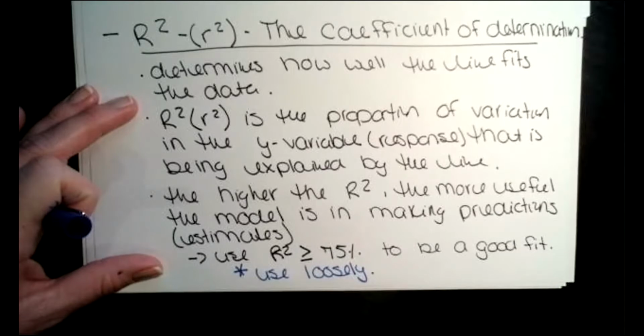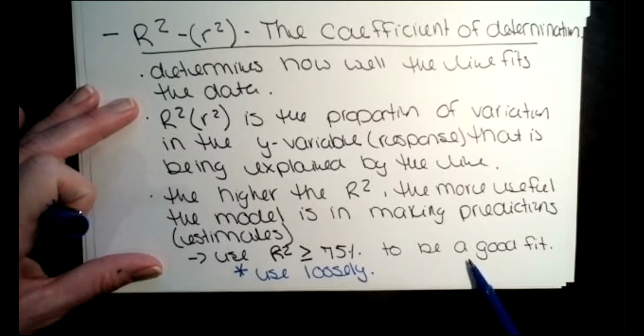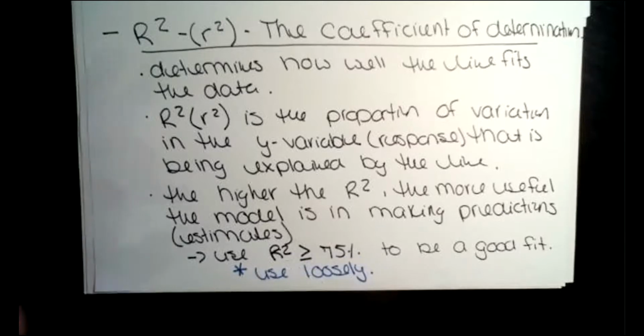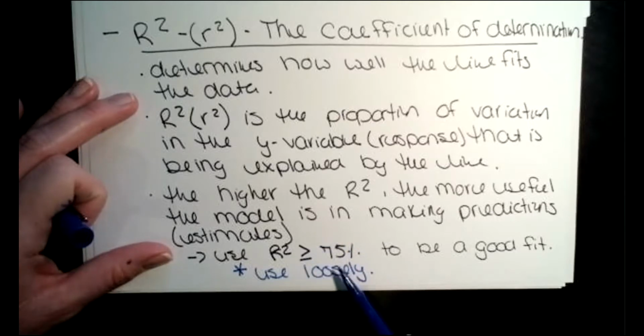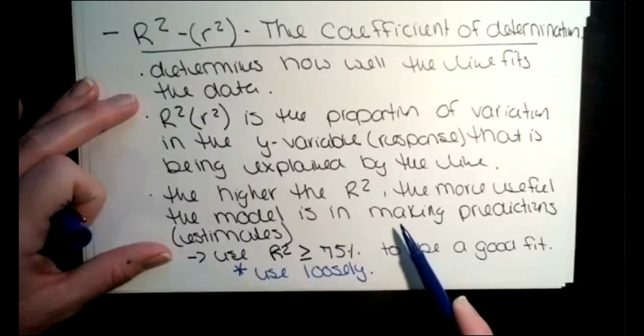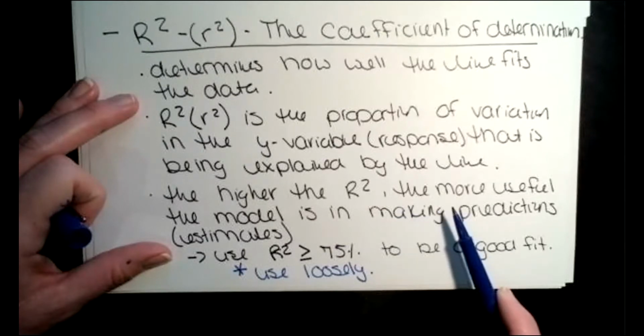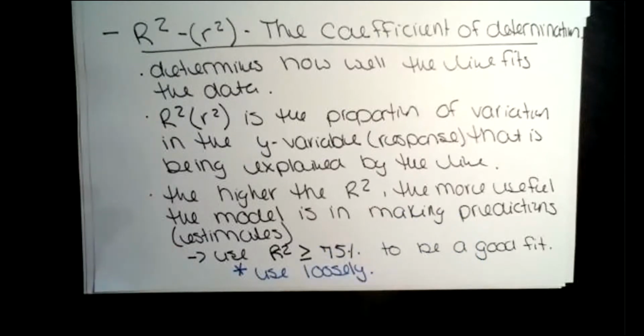What I mean by that is if we find R squared to be like 74%, I would say that's close enough to 75 to be a good fit. It's not a hard 75 where you're saying it definitely has to be greater than or equal to 75 for sure. We're just saying loosely, around 75% would be considered a good fit, meaning that my line is useful in making predictions or estimates, okay? So we just use that loosely from our model.